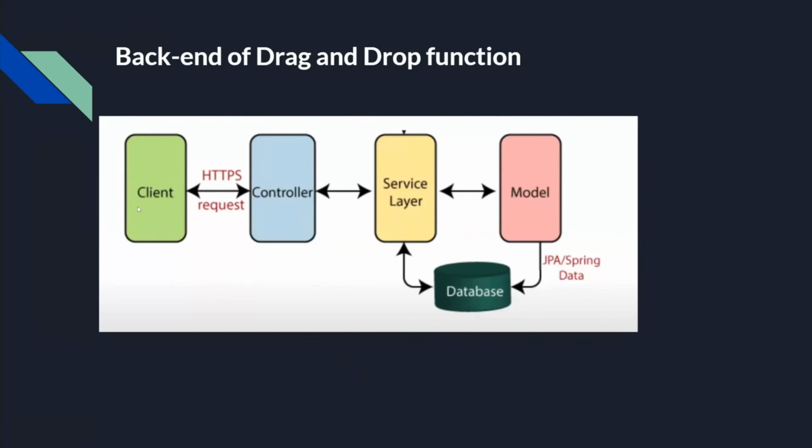The front end will send a request to our backend, and our controller will capture the request, and then it will ask the different services to do the operations. So the service side will interact with the models, and then it will do some database operations.